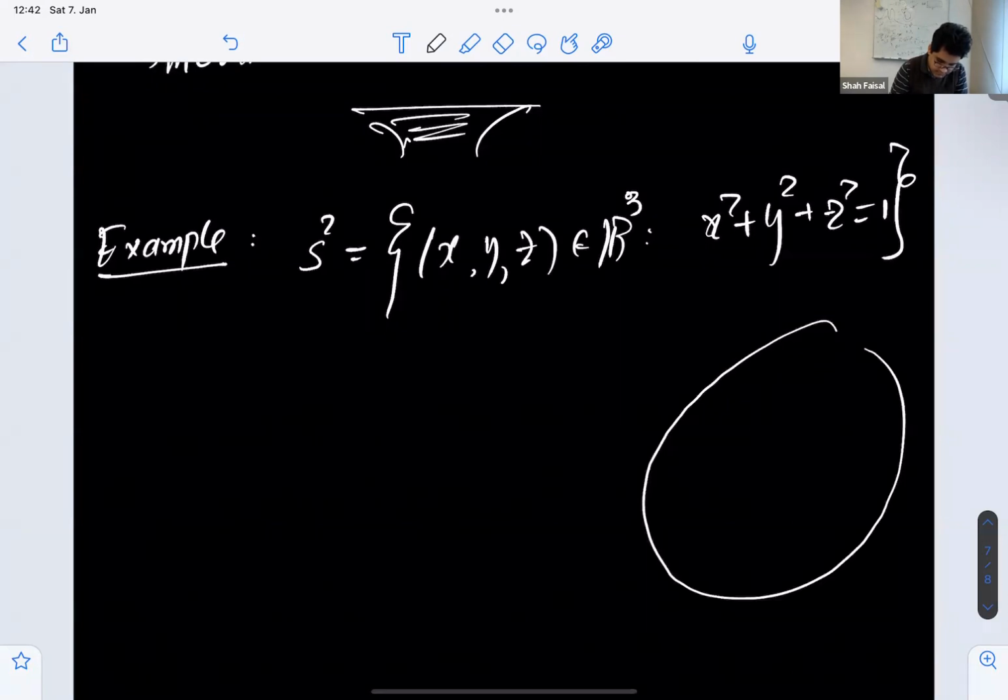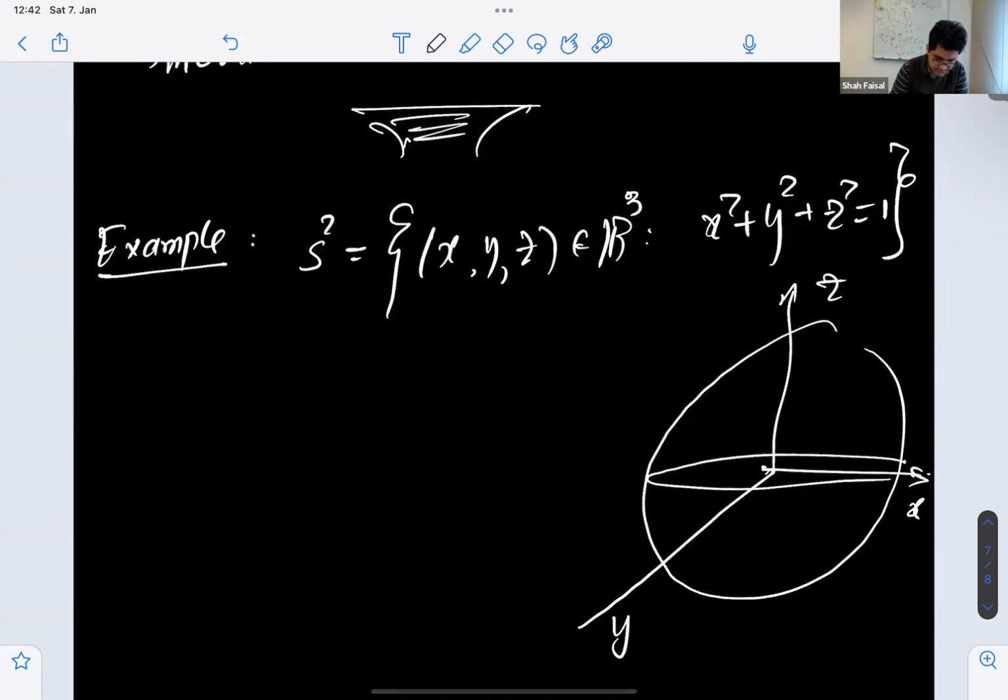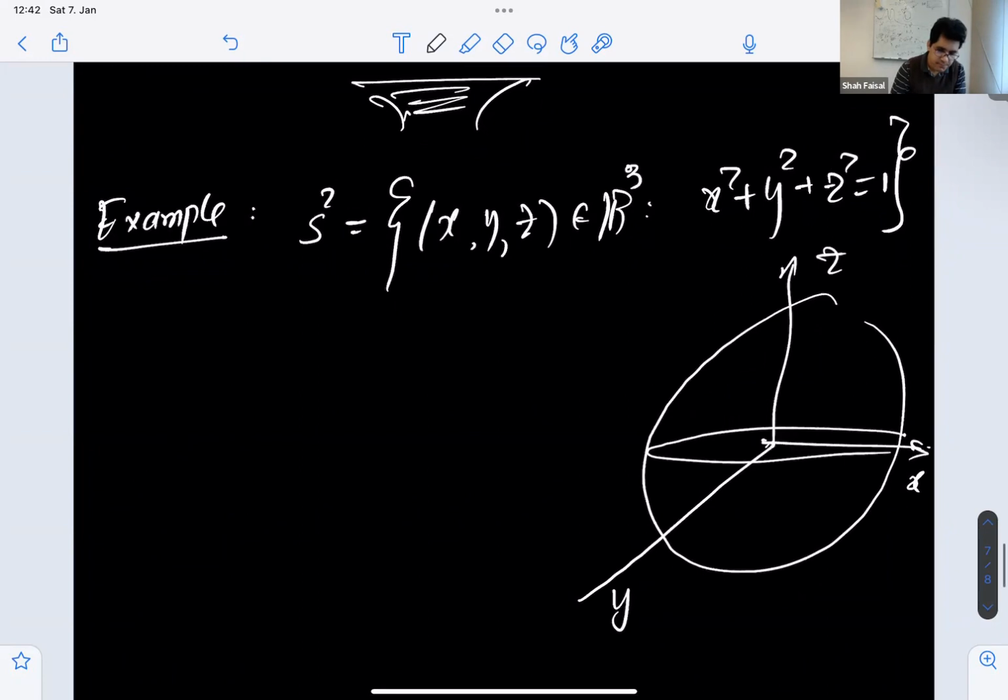Let me draw it. So let's say this is y, x, and z. This is a manifold. So what are the local charts? Or what is the family of maps? I define the definition.